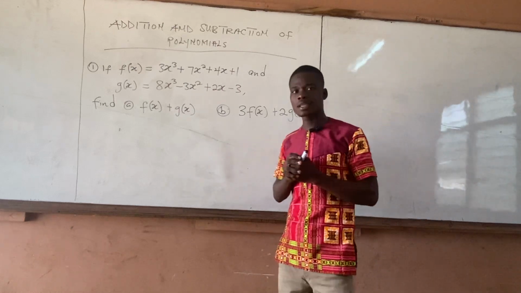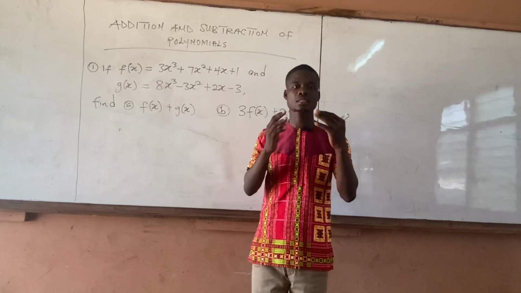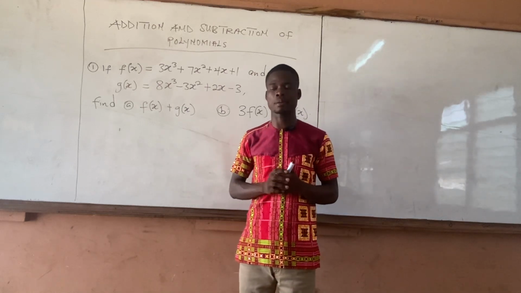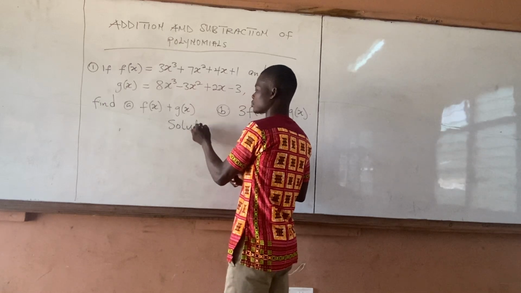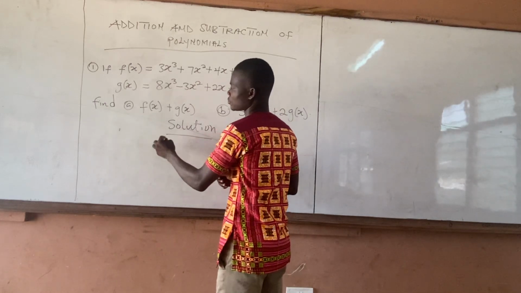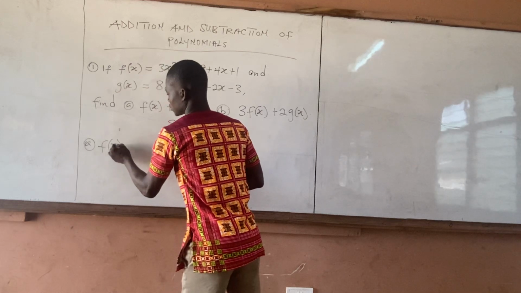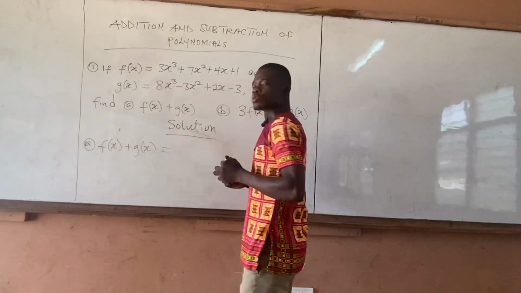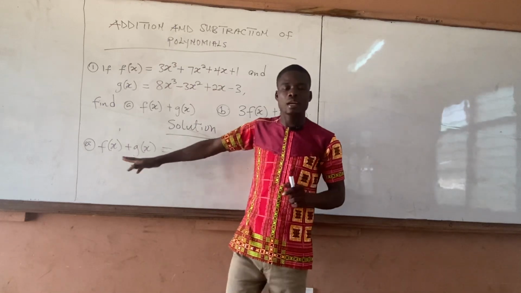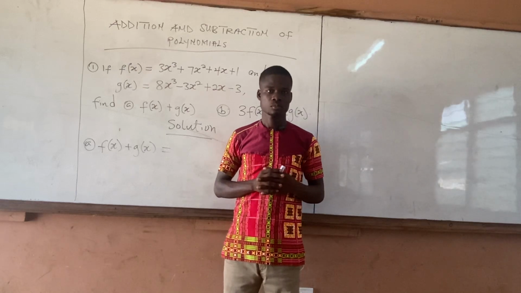Now, let's take our time and solve this problem. So, solution. For A, we have to find f of s plus g of s.